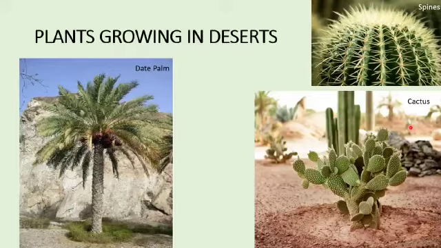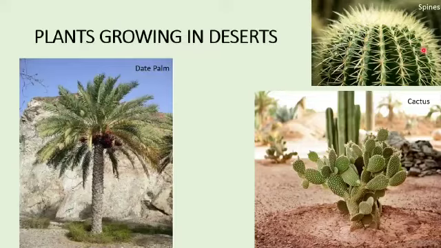In desert plants, the leaves are changed into spines to reduce the loss of water. This also protects plants from grazing animals. If any animal goes there to eat them, they have spines which prick in their body and cause pain.